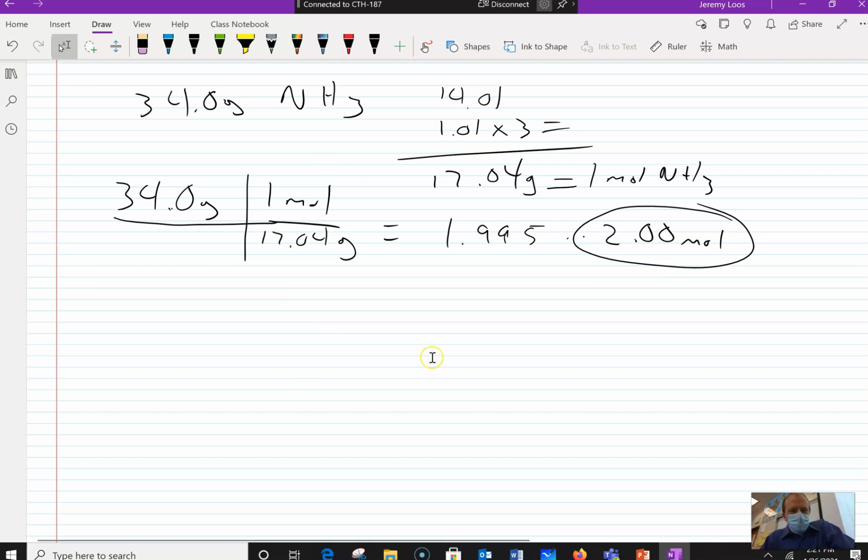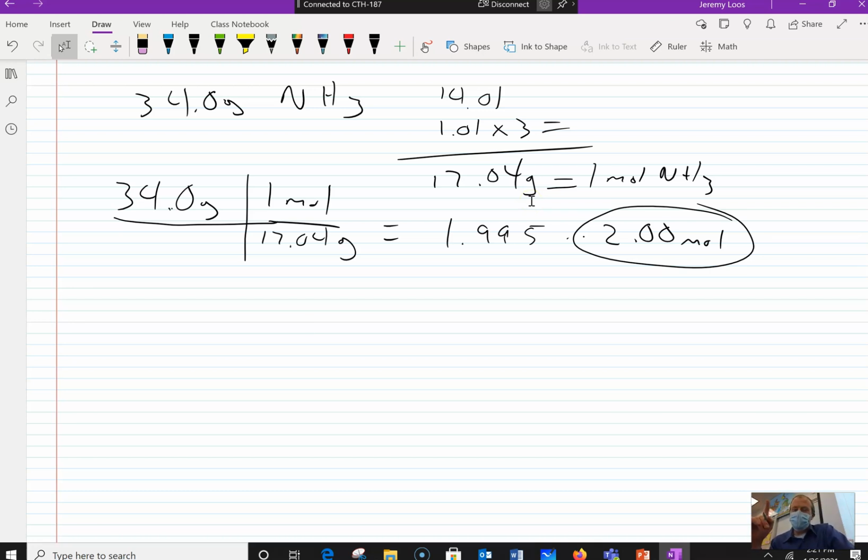Now, this way of solving this problem, I think I mentioned before, when I was a kid in high school, I did not like this dimensional analysis. But on the other hand, it was obvious to me that for this problem, I needed to do 34 divided by 17. That was just completely clear to me. It just made sense.